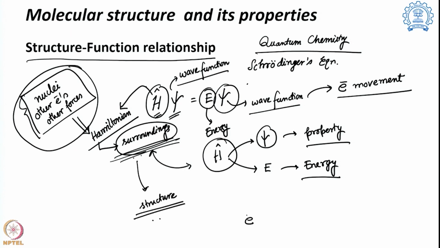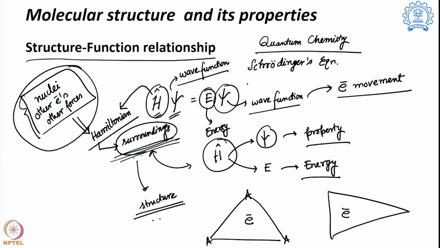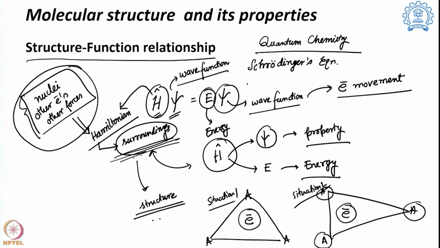Just imagine I am talking about an electron where there are 3 nuclei in a regular triangle shape, versus the same electron shaped like this. Situation 1 versus situation 2 is not exactly the same. In situation 1 the electron will behave differently compared to the electron in situation 2, because the nuclei are in different positions and the other associated electrons are at different distances.